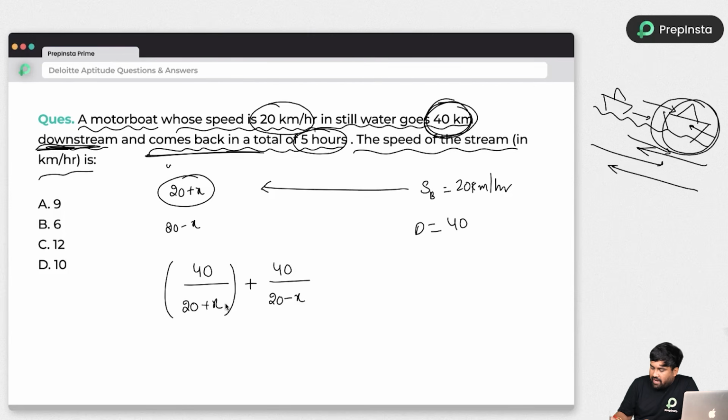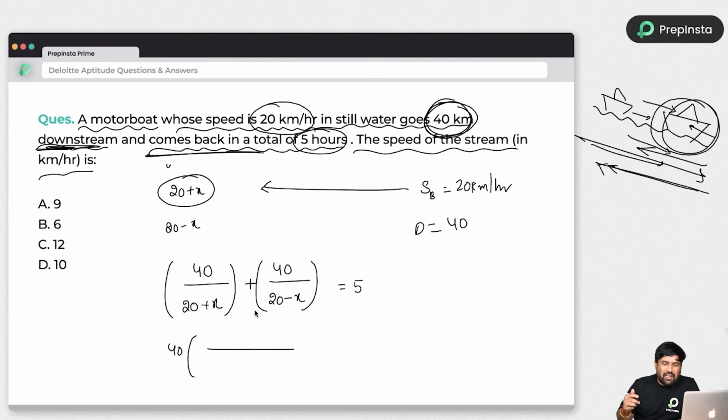This is the time taken downstream and this is the time taken upstream, so the total time taken is 5 hours. Simple, right? Take 40 common, and if you observe, it is like (a plus b) into (a minus b). So the denominator becomes 20 square minus x square, and in the numerator, by cross multiplication, it is 20 minus x plus 20 plus x. So these two will cancel, equal to 5.